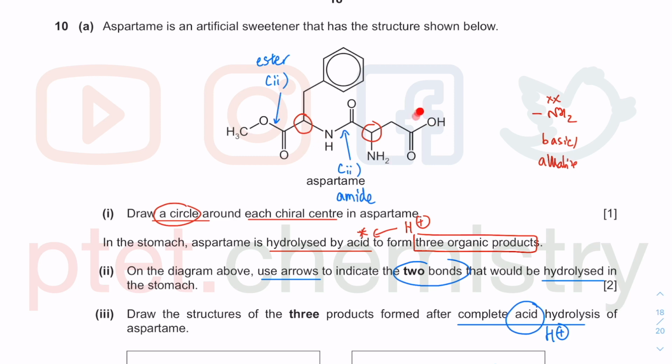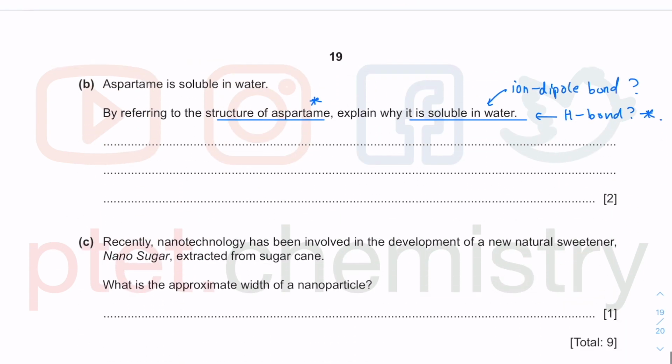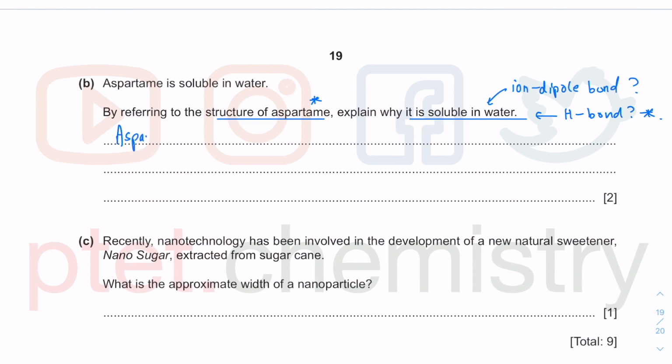We are looking at OH and the NH that can form hydrogen bond. So aspartame molecule has OH and also NH. Both can form hydrogen bond with water because we are talking about dissolving in water, right?